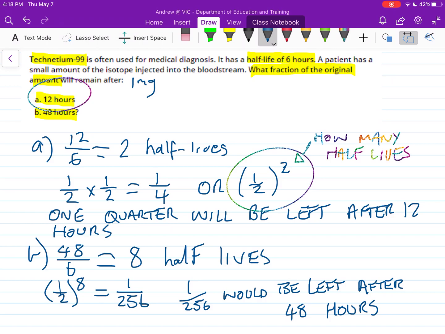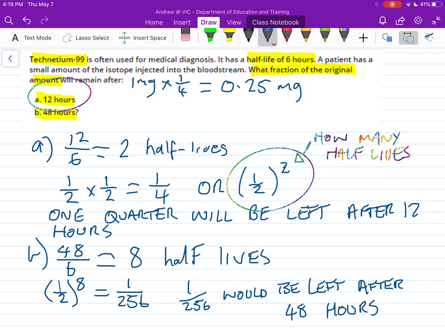All you do is take your amount and multiply it by the fraction you worked out from how many half-lives have passed. So if we had 1 milligram for A, we'd multiply it by 1/4, because that's the fraction that was left. This would equal 0.25 milligrams. That's how you work it out if you were given an amount.